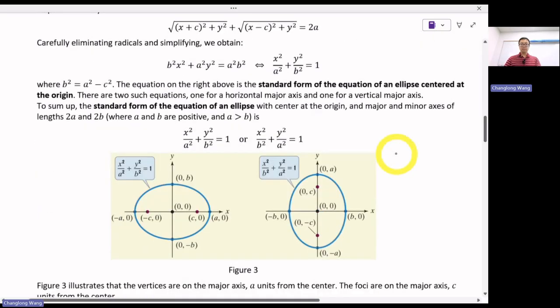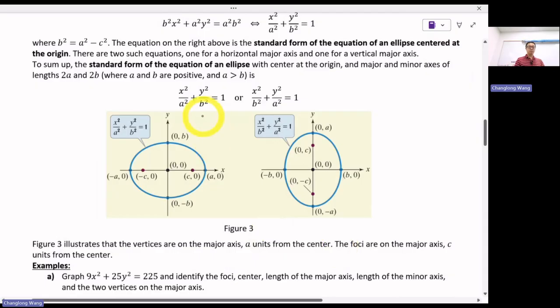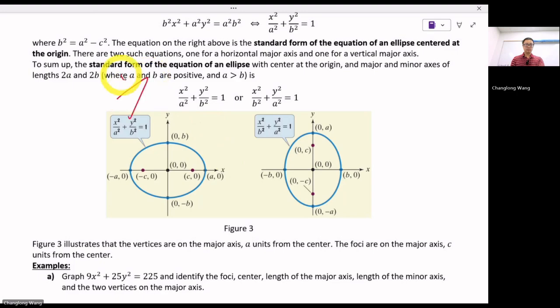But that's not that important, let's be practical. So what you really have to take away from this packet 10.1 is these two standard forms of equations of the ellipse, and their corresponding graphs.